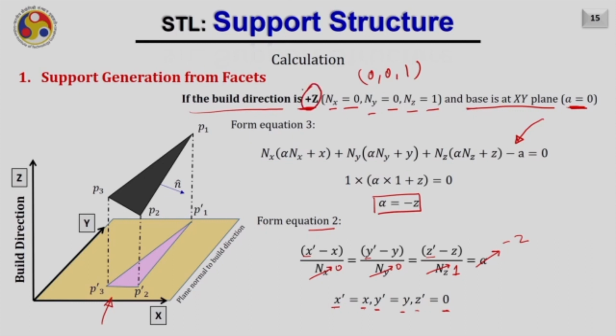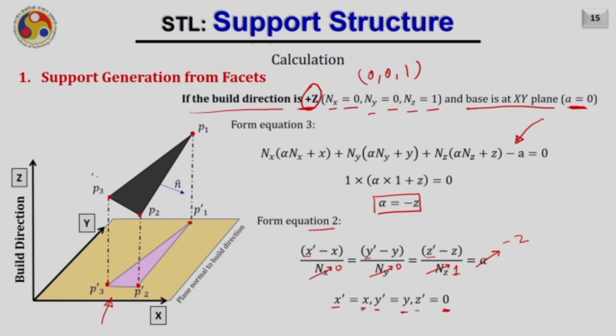In some cases, like when you deal with DED type of systems, the build direction may not be along the vertical axis. As the build direction may change, that is why we just derive a generic equation and consider now a specific case when the build direction is plus z. So, you can easily see if you have 3 points P1, P2 and P3, their projection on the base can be obtained just by replacing z by 0 and rest x will be x.